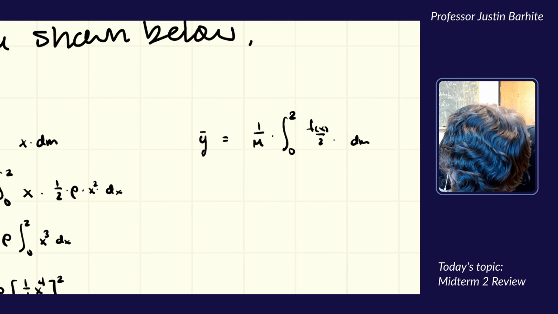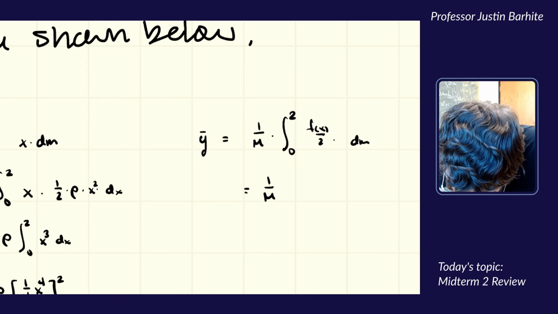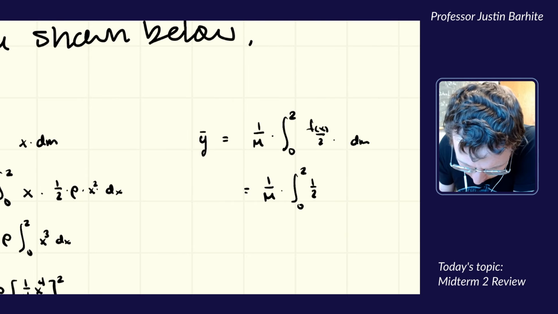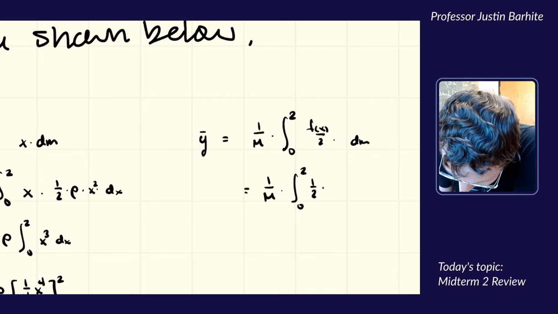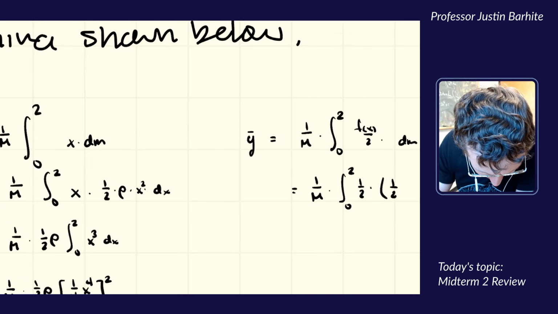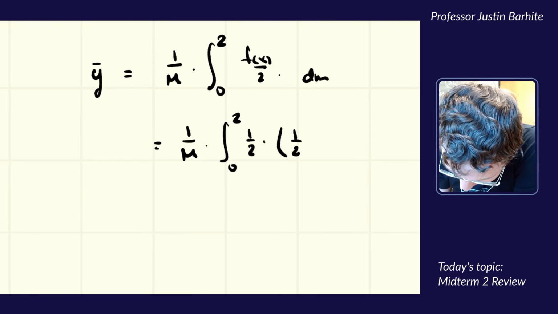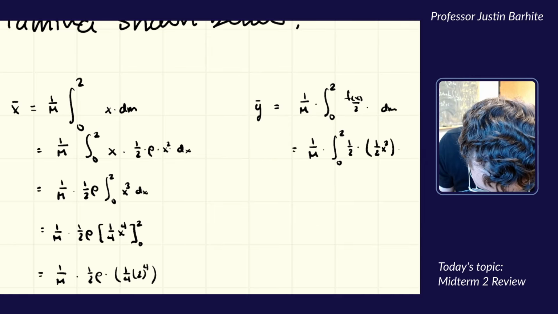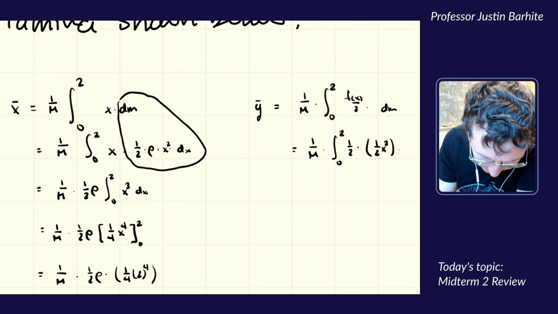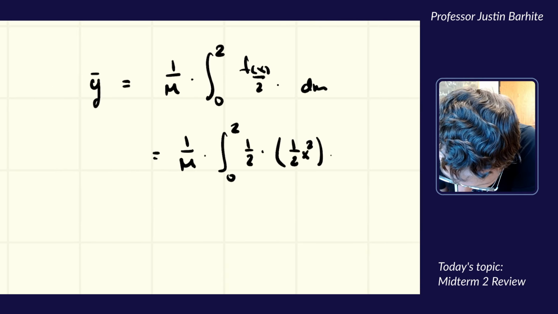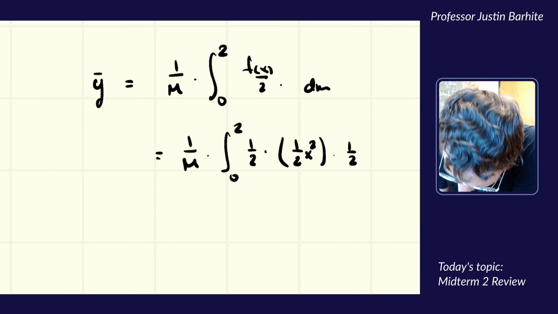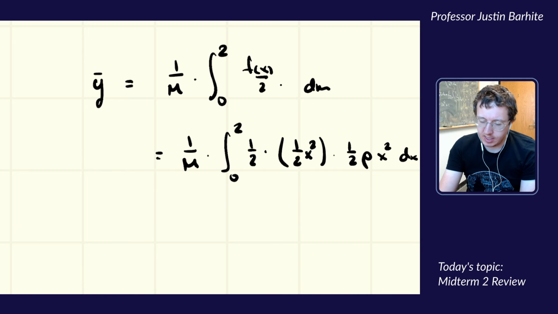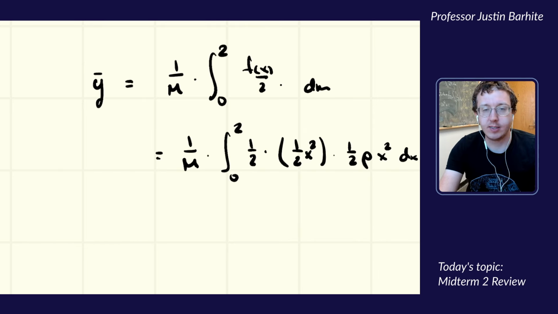Okay, so this is going to be 1 over m times the integral from 0 to 2 of 1/2 times, well, f of x is 1/2 x squared, right? Yep, 1/2 x squared. And once again, dm is 1/2 x squared dx times rho. So that dm piece is exactly the same as it was before.